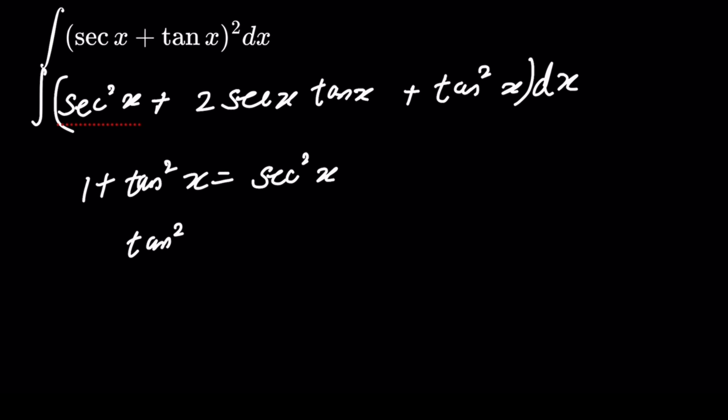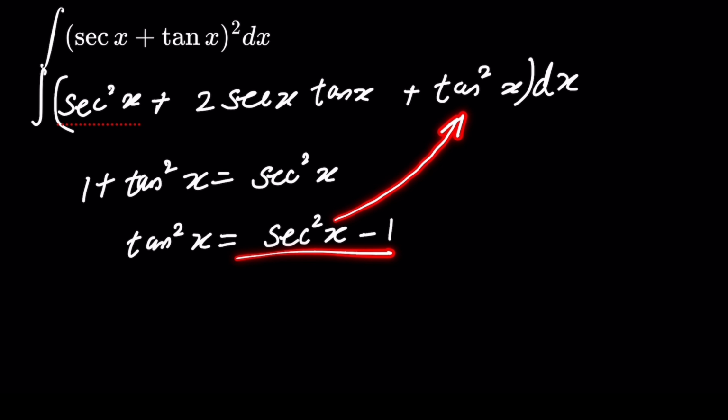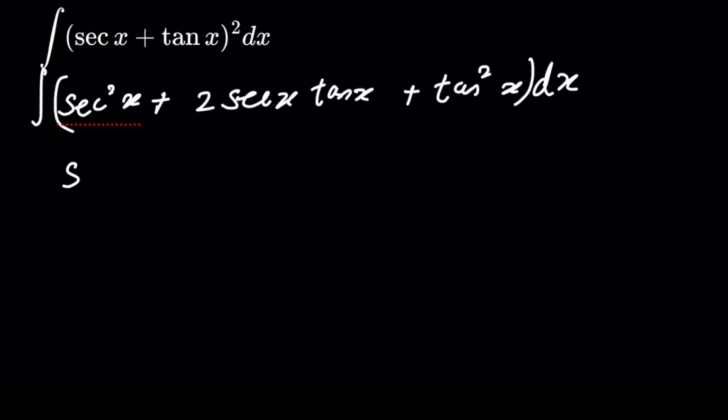So tan squared x is equal to secant squared x minus 1. Now we substitute this back into our expanded expression. So we get secant squared x plus 2 secant x tan x plus secant squared x minus 1.